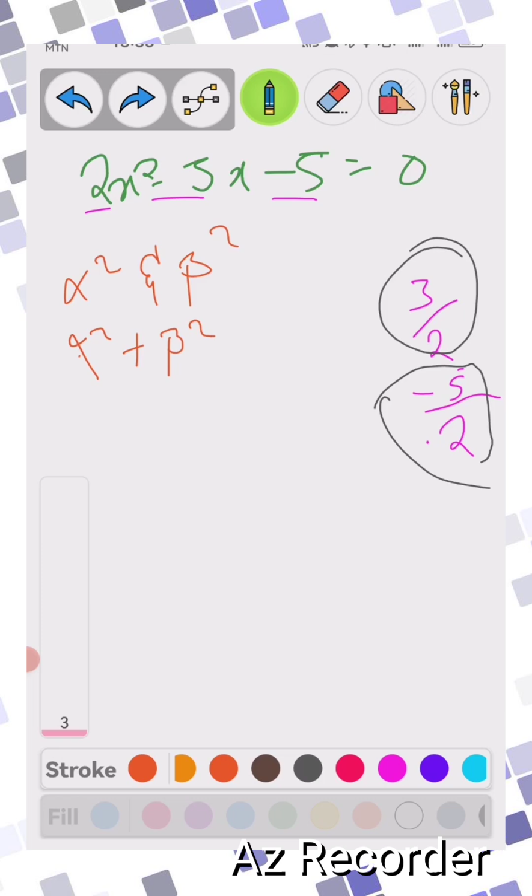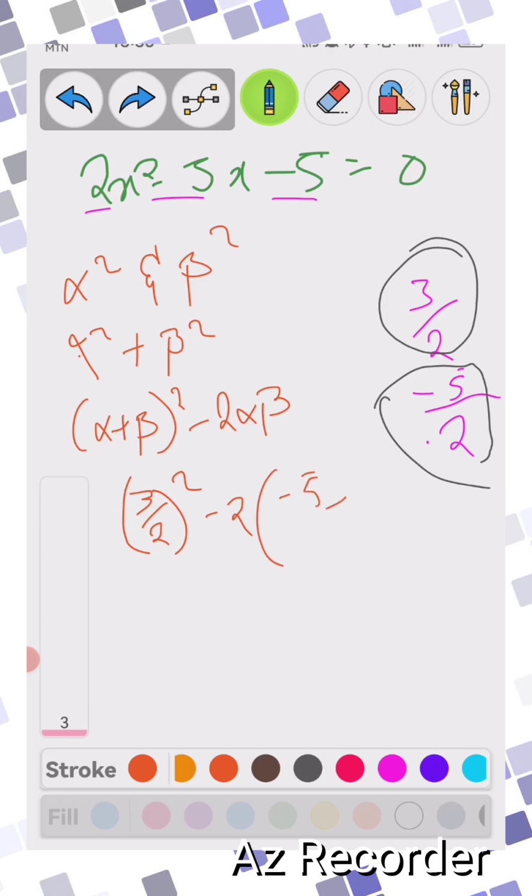The identity says I can replace alpha squared plus beta squared with (alpha plus beta) squared, and then minus 2 alpha beta. And then from there, I can replace what's there and what's there. So replacing, I can say (3 over 2) squared minus 2 times negative 5 over 2.